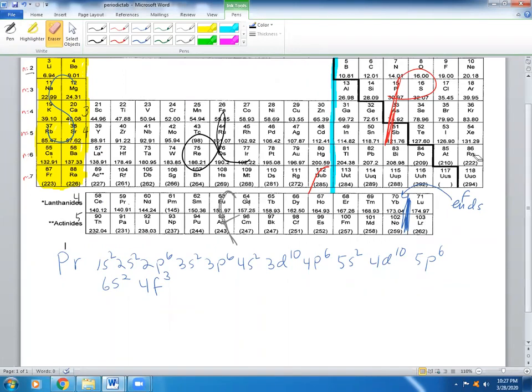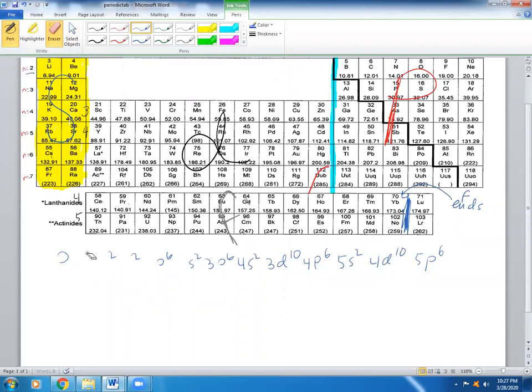So let's do radon right here, Rn. Or actually, we can do Hg. That should be good. The other ones really just follow, so there's nothing new about doing this.